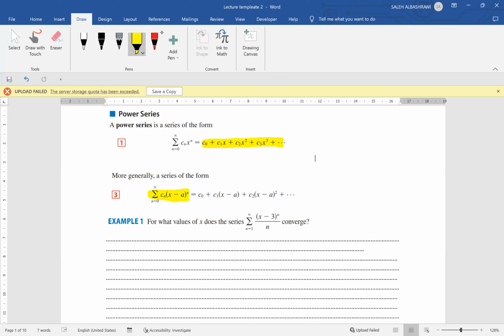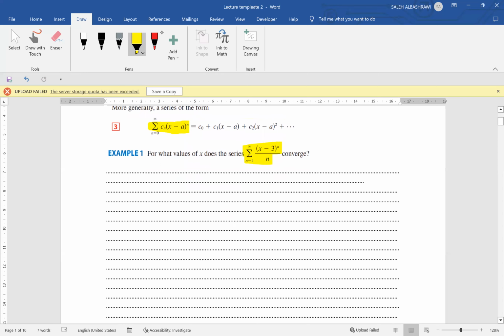For example, we have the power series sigma of x to power n, or sigma of x minus 3 to power n divided by n. What is important about power series in general is to check the convergence of the power series, whether it is convergent or not. To check the convergence, we need to apply one of the tests, one of them being the ratio test, for example, or the root test.